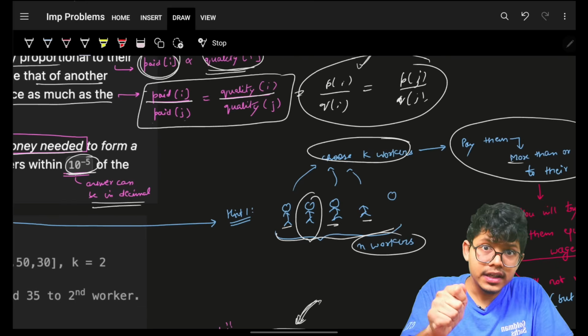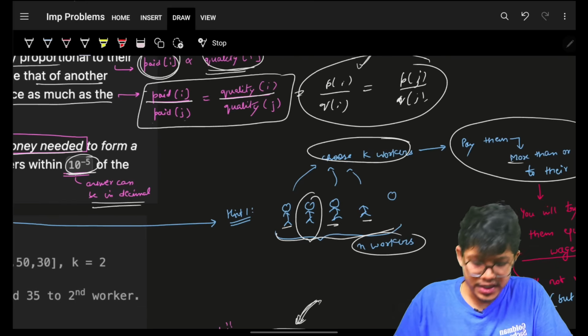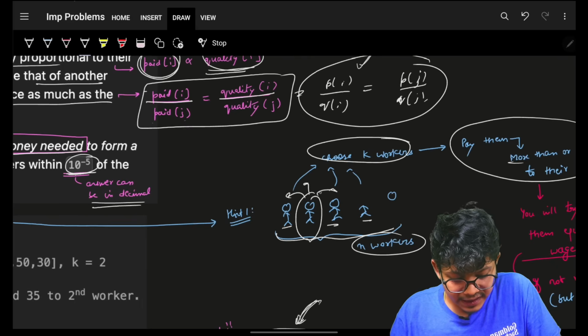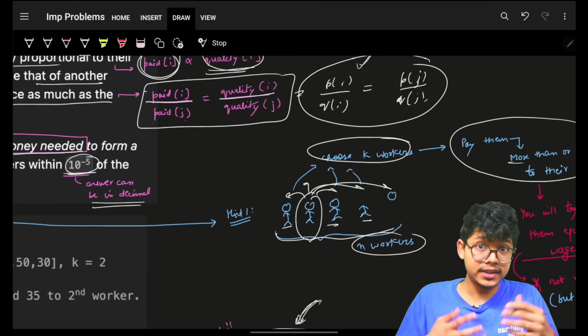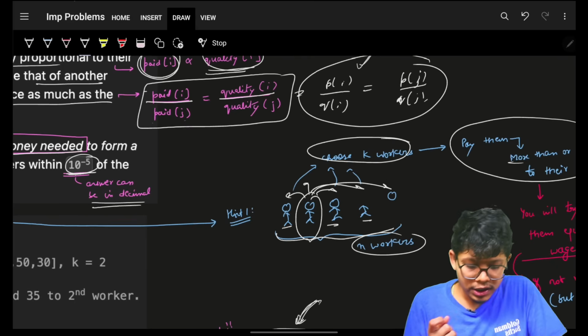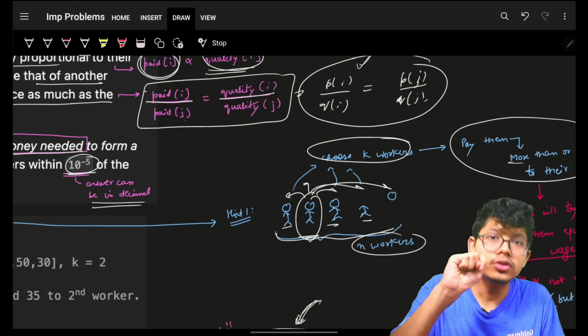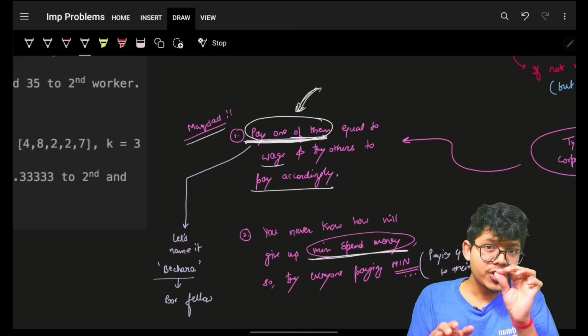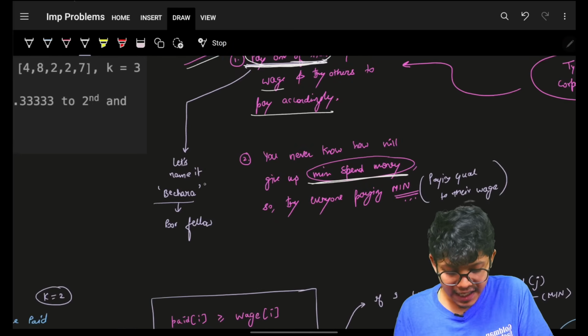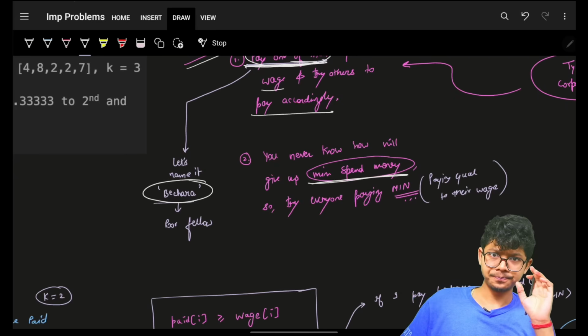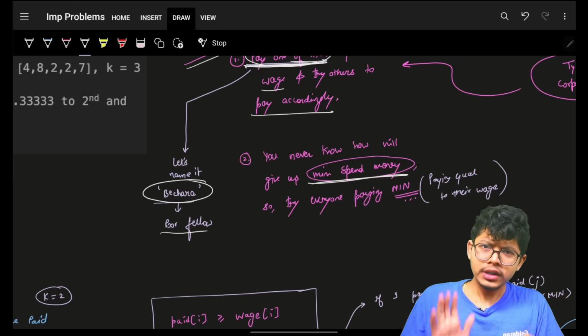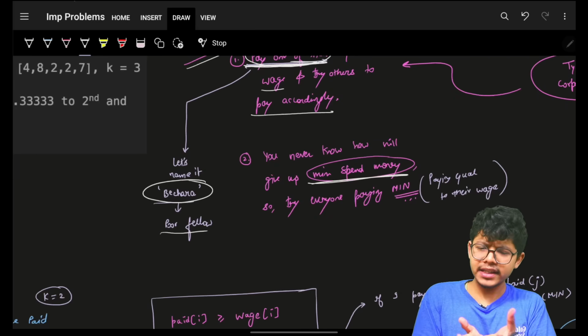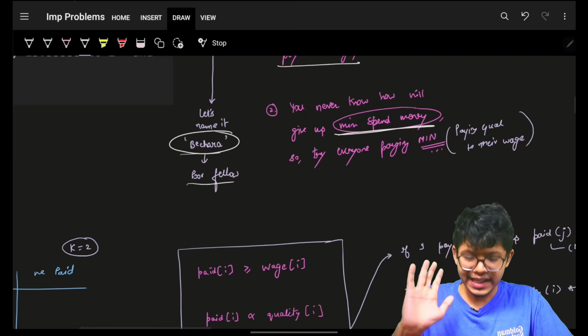And whenever someone is the one who gets the minimum wage, others get paid according to their qualities in comparison to this person. Cool. So the one who gets the minimum wage in the current situation, I will call that person bechara. For the folks who don't know, it means poor fellow, because he is getting the minimum wage for sure.